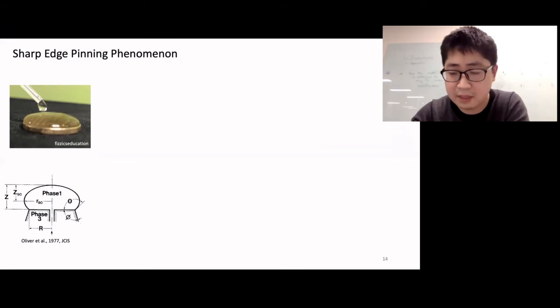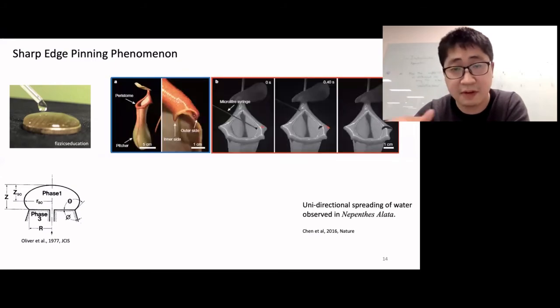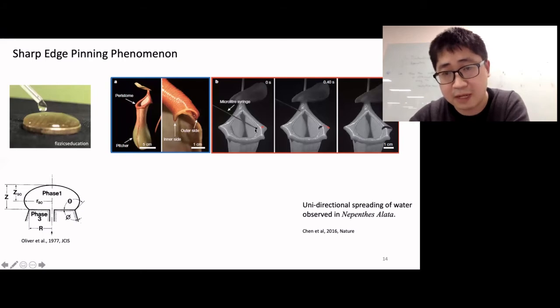And one of the applications, or rather observations, is the spontaneous unidirectional spreading of water observed in a plant. If you put a droplet on the inner side of the peristome of this plant, it will spontaneously spread outwards.